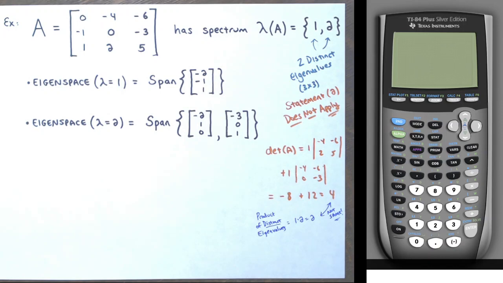Now, if you were to actually multiply in this particular case the 3 eigenvalues that you came up with, 1 and then the repeat, 2 and 2, 1 times 2 times 2, you'd get 4.